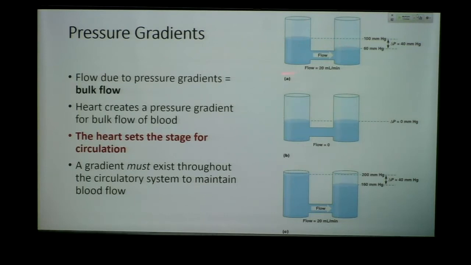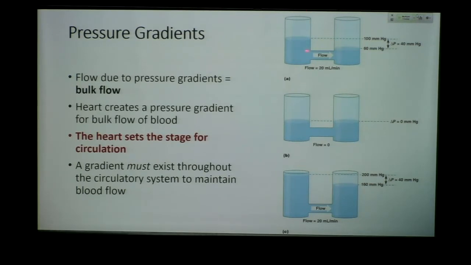They're connected by a tube in the middle, and we have about 100 millimeters of mercury, and that's the hydrostatic pressure represented by the water in this side, and about 60 millimeters of mercury, which is the pressure on the opposite side, okay? And so we have a pressure gradient. Understand that first, right? So we have more pressure here than we do here, so the differential is 40 millimeters of mercury.